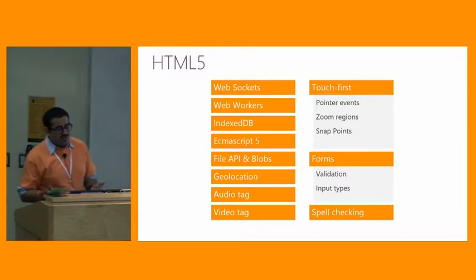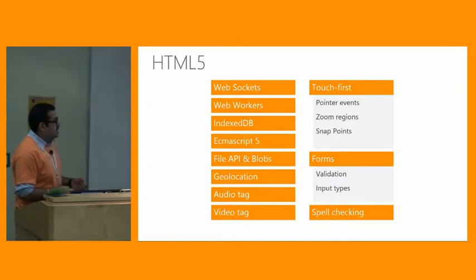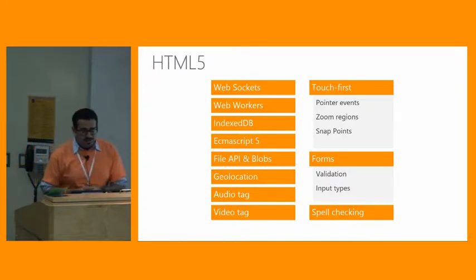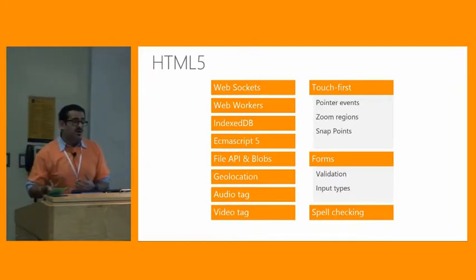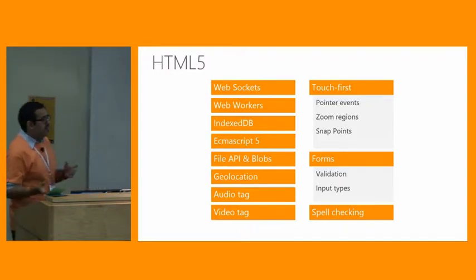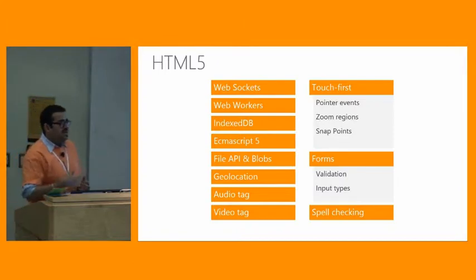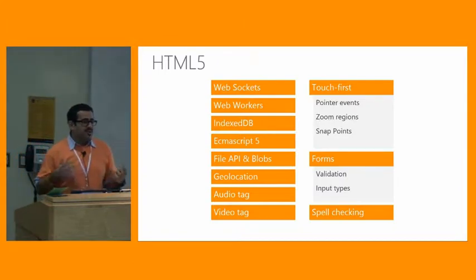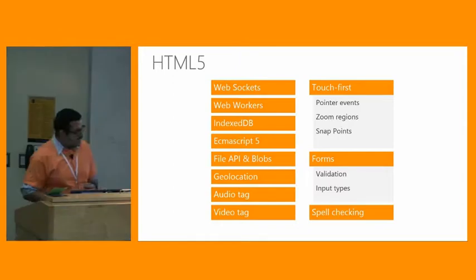It's not part of standard spec, but Windows 8 enables stuff like that. File access APIs, blobs. You can even plug into your local drives, or even SkyDrive with some cool APIs that are available. So really, it's everything you know on the web, brought onto the Windows 8 platform and added to really plug into the OS and make some cool experiences possible.